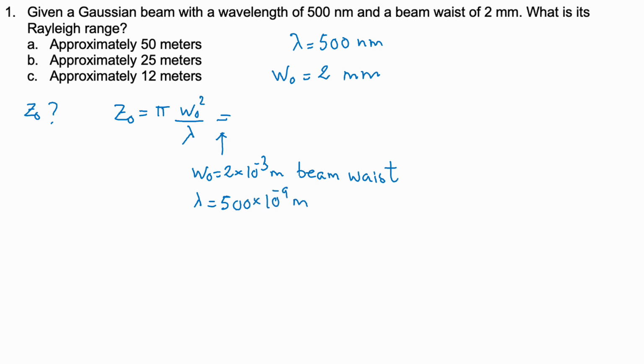I'm writing everything in meters. So when you plug the numbers, that is going to be 25.1327. So if you can look at the problems, the correct answer is going to be B. And this is how we solve the first one.